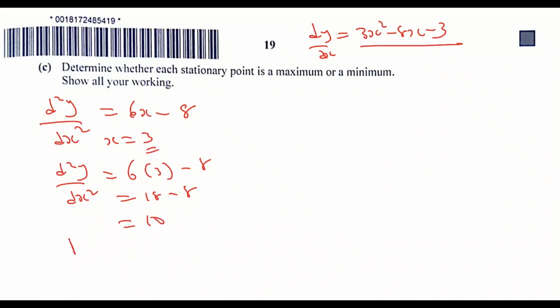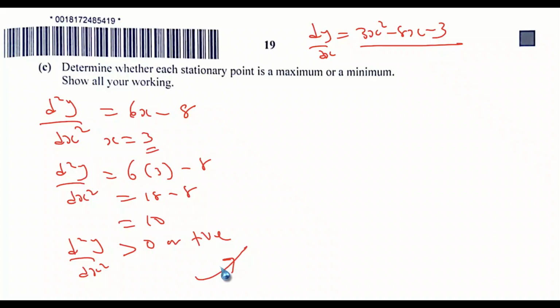So we can say that d squared y over dx squared is greater than 0, or we can say it is positive. So that means it was increasing. That is the meaning. So this positive sign means that it is increasing.